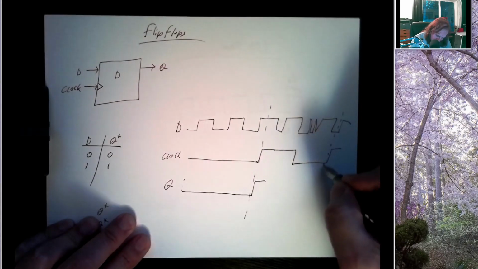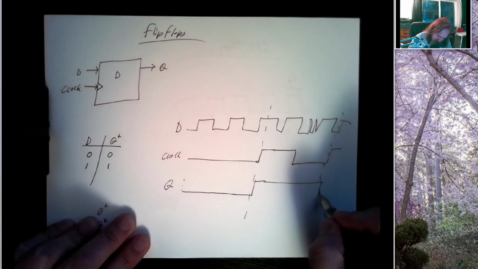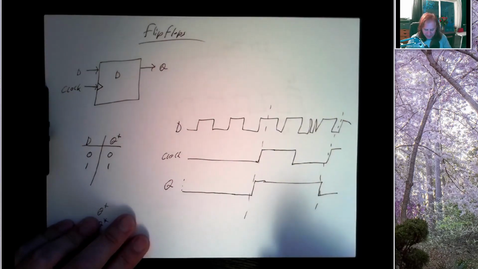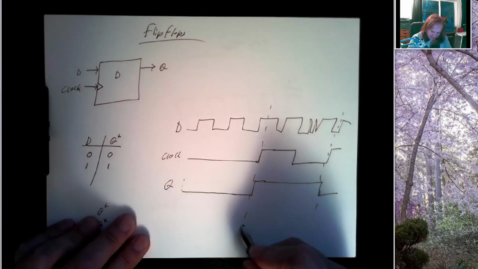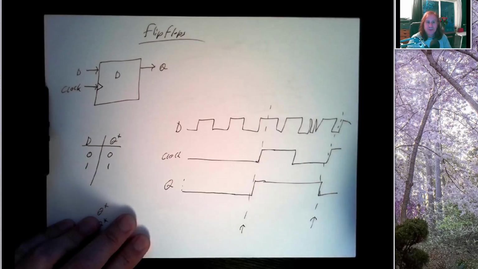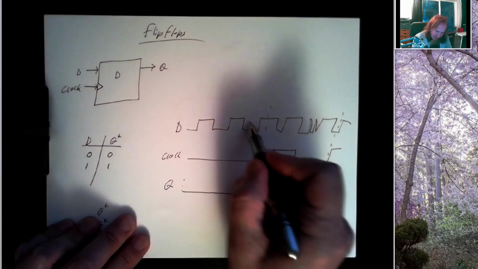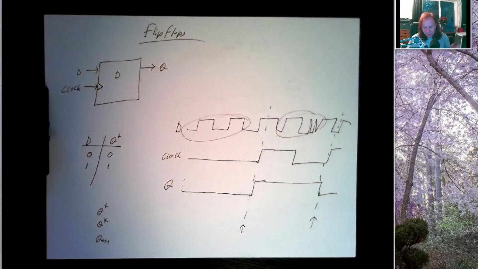And at that point, if D was low, for example, then the output will go low. And the positive edges of the clock, that's what marks when the action happens. Everything that happens before or after, irrelevant. All right, so that's a D flip-flop.